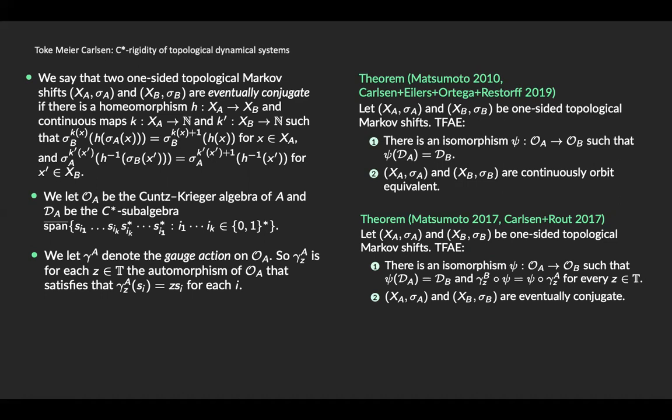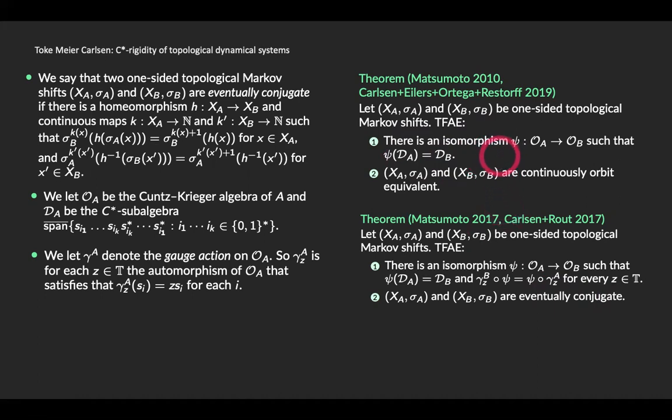And then it's much more difficult. I will get back to this later, how to prove this, but this is proven by using groupoids. To use that, it's essential that you have this condition here that D_A is mapped onto D_B. Without this condition, you cannot use this machinery of groupoids. You have to do something else.